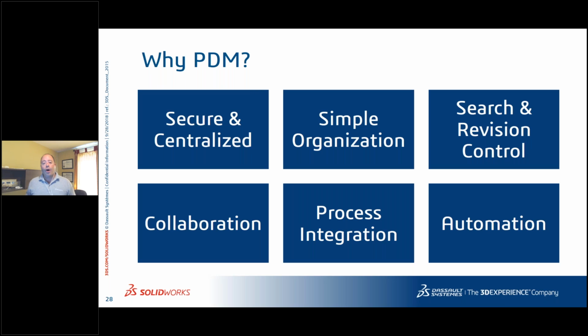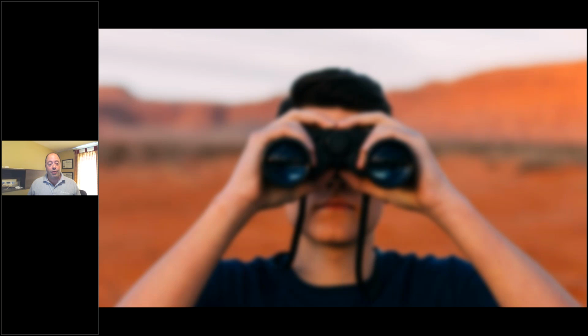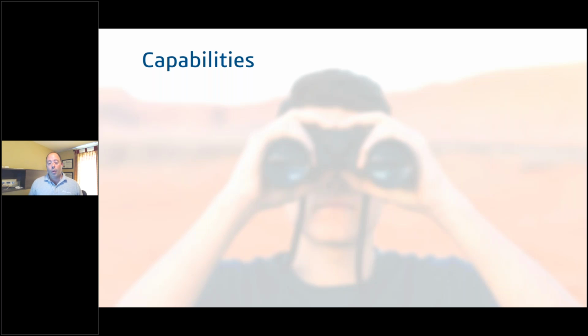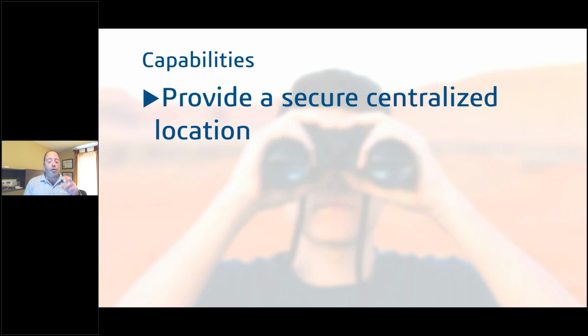So if we go back to our few examples we talked about earlier. Remember, up front, at the beginning I said some of the cases Joel and I see all the time. People spend too much time searching for documents. Well, the solution with PDM is now you have a central area, a central vault, and it's a secure vault.